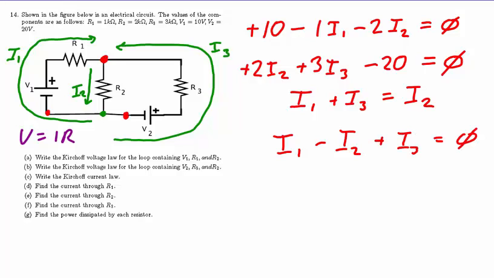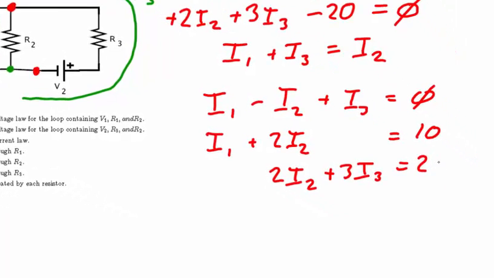The expression that just appeared on the page is actually a rewriting of the junction equation in which I've moved I2 to the left-hand side of the equal sign. Rearranging the first of our two loop equations, we will have I1 plus twice I2 equals 10, and the last of our loop equations yields twice I2 plus 3I3 is equal to 20.